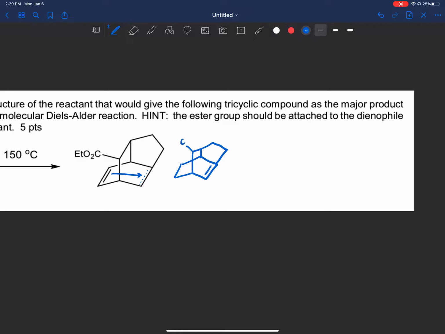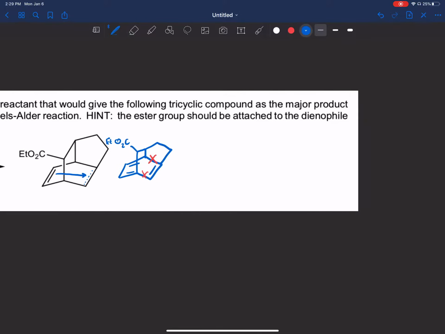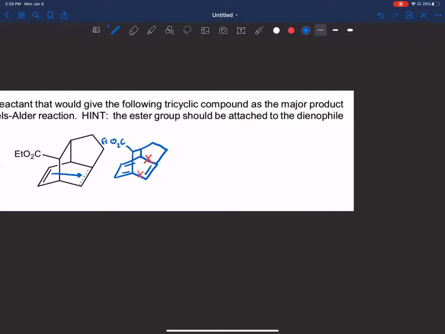And here's our CO2Et. We would put 2 double bonds here as step 2, and then we would break these guys. Now let's draw the product.